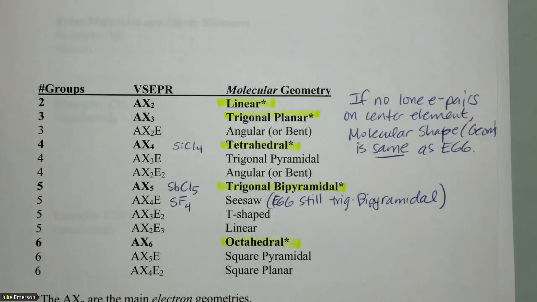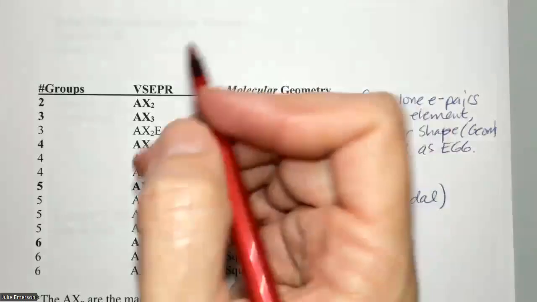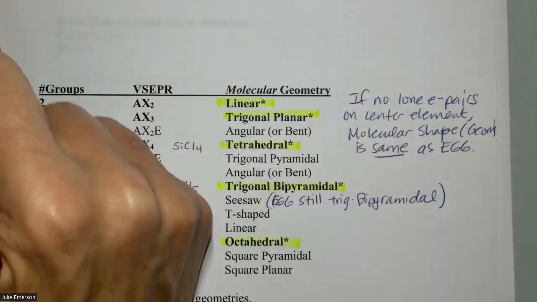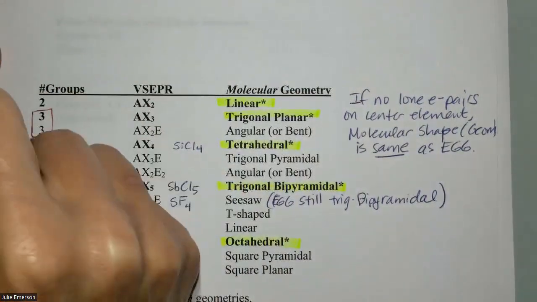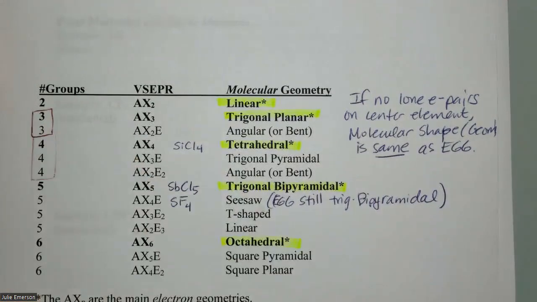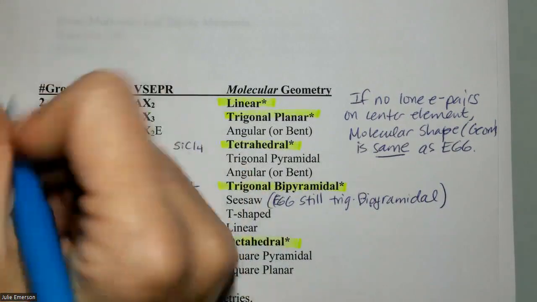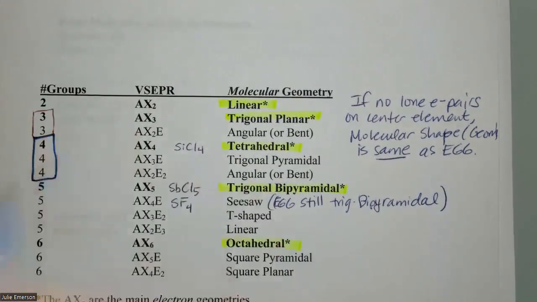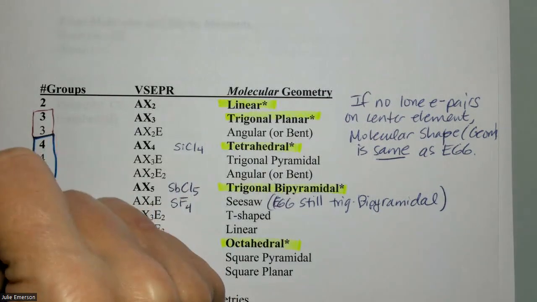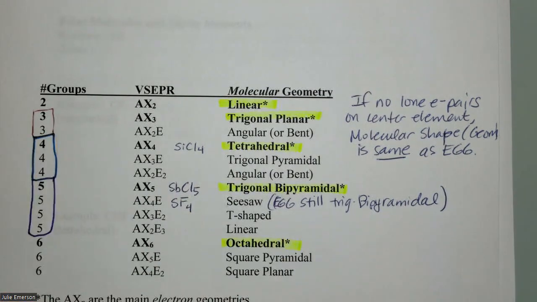So if you look at the chart, this is how it's going to be. If you look at the number of groups, you'll see that they're all linked together, right? If you have 3 groups, if you have 4 groups, let me color code them. Okay, then you can have 5 groups total, and then you can have 6 groups total.